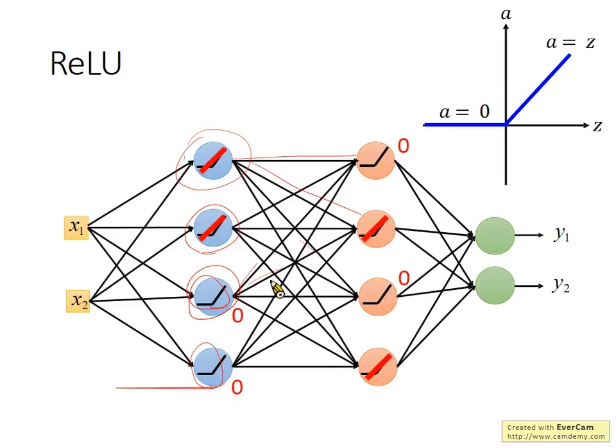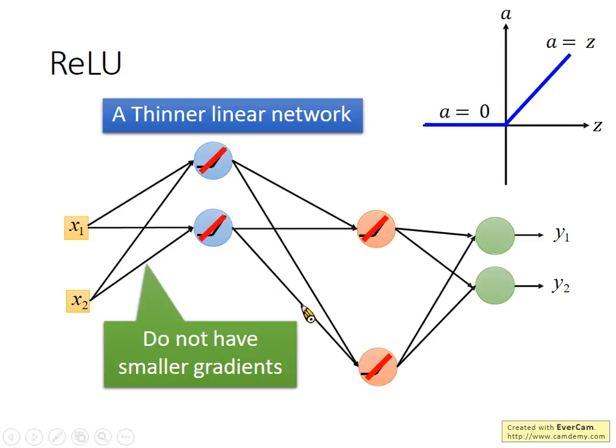Okay, and the same case in this one. And if the data work like this, the network is equivalent to this network. That is totally the same as if we remove part of the nodes. Okay, because this node is not workable.